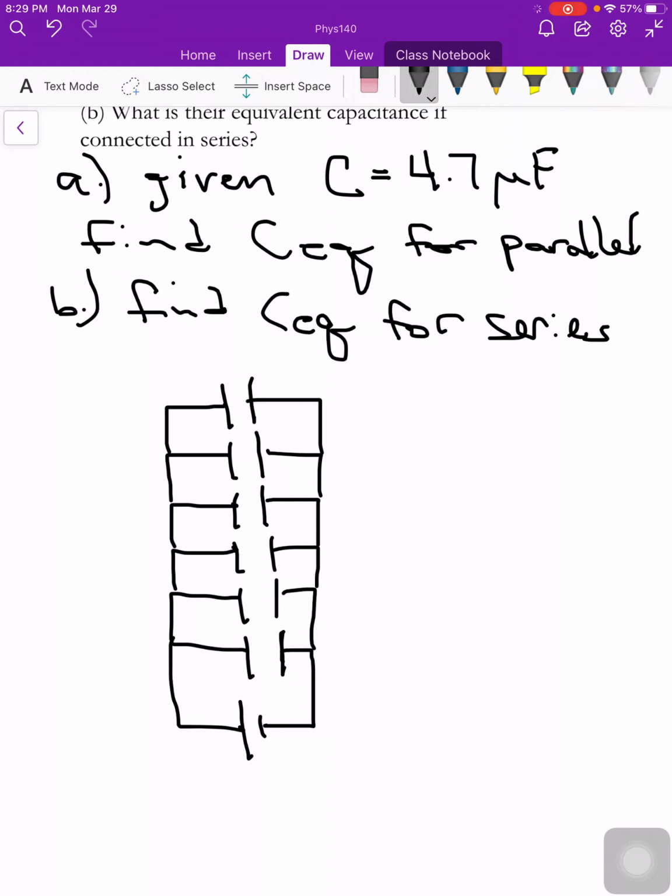Okay, so when we have capacitors in parallel, we know that they add. So we're going to get C is equal to the sum of them for when we have C in parallel. So this is parallel. And that just means we're going to add up all of the capacitance for each one.